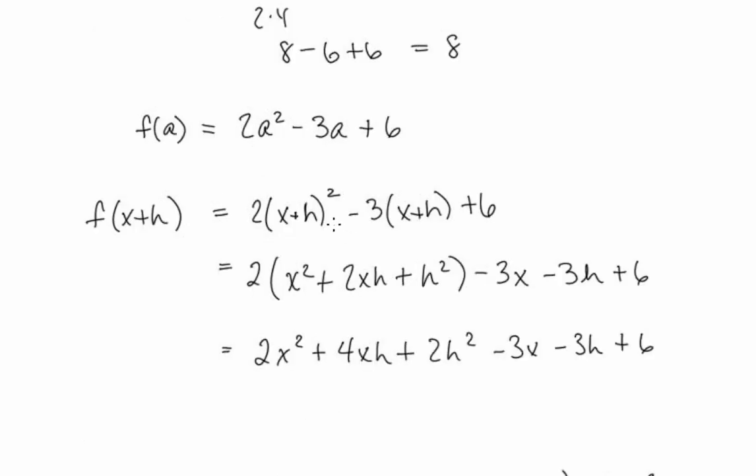And if we wanted to expand this to see if perhaps we could simplify anything, we would continue to expand like this. So x plus h quantity squared is x squared plus 2xh plus h squared. Don't forget we need to FOIL this out. Here we're distributing the negative 3, so we have negative 3x minus 3h, and then plus 6, and we could leave it like that.